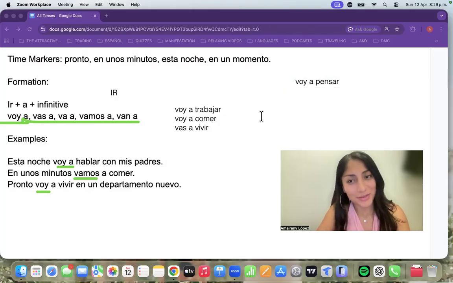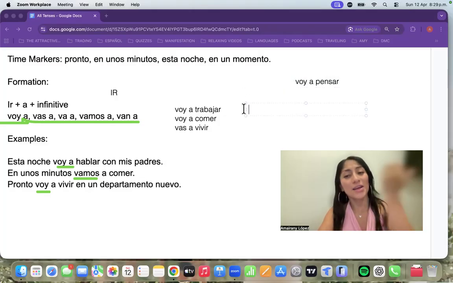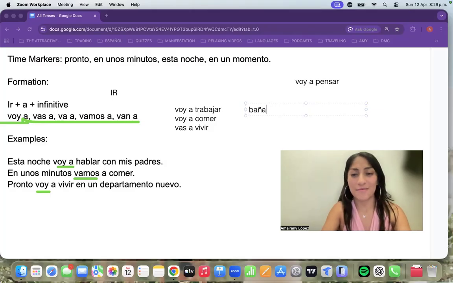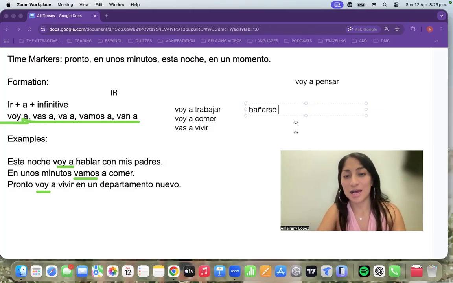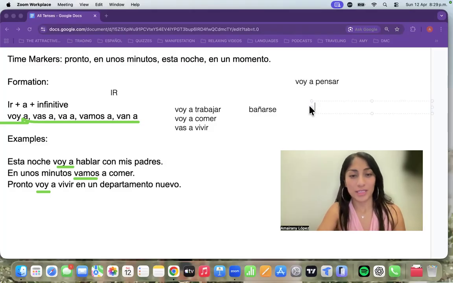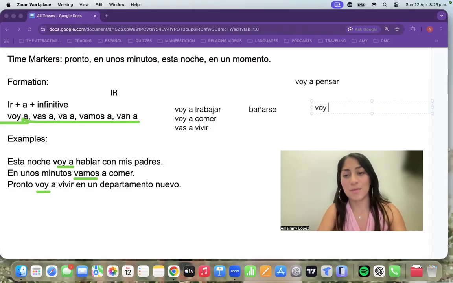Now, what happens with our reflexive verbs here? Okay, so we have bañarse as a root. Well, with the futuro próximo, this would become voy a bañar, but not se.